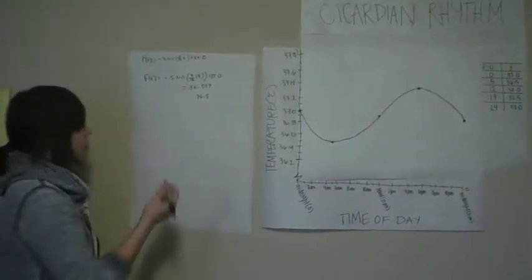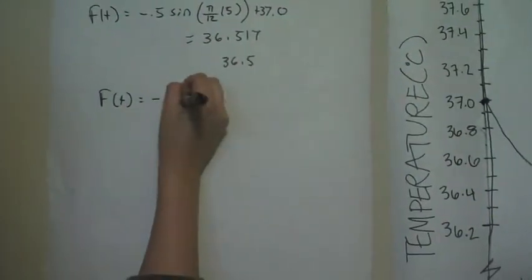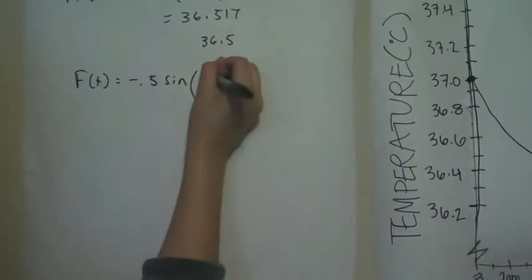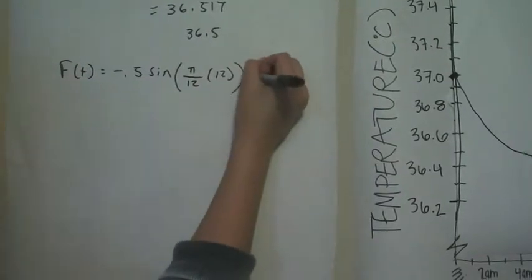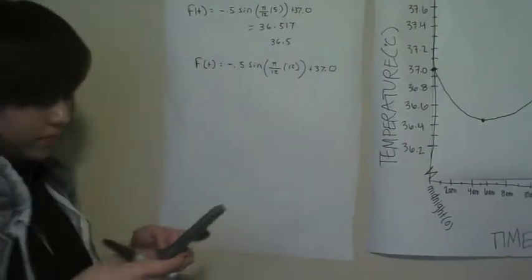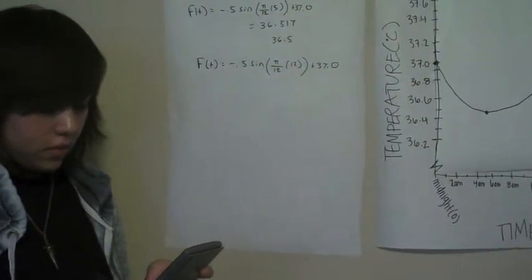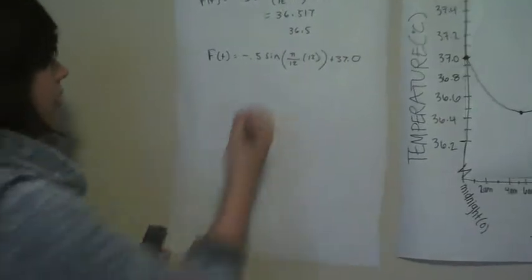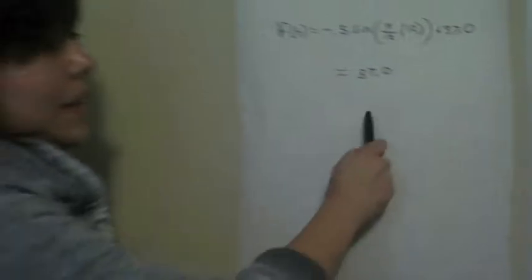So we're going to replace the t with 12, and then plug it into our calculators, which would equal exactly 37.0. Exactly matching our original data. Here's the clip.